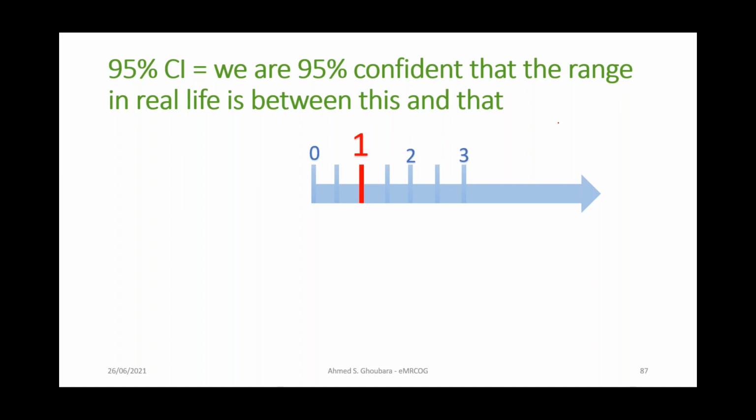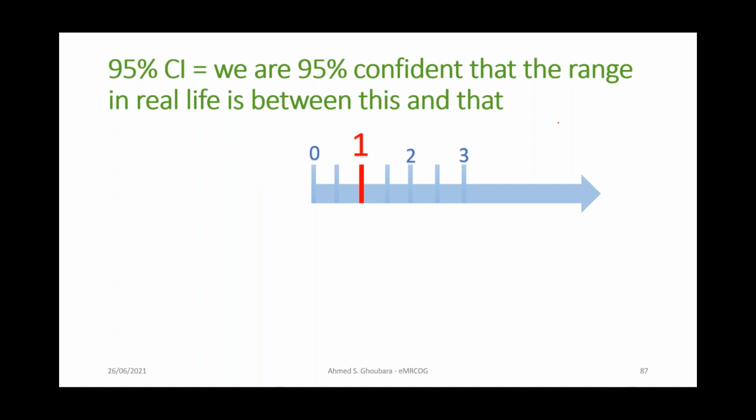Every time you see 95% confidence interval, strike it off in the exam and say instead: we are 95% confident that the range in real life is between this and that. Okay, is this clear, guys?